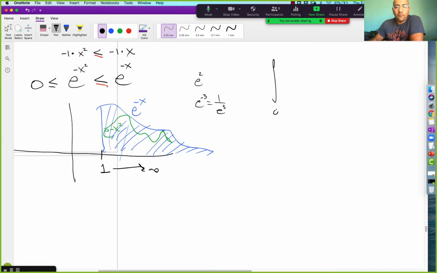The integral from 1 to infinity of e to the minus x dx. Okay, well that guy we're going to say is equal to the limit as w goes off to infinity of the integral from 1 to w of e to the minus x dx.